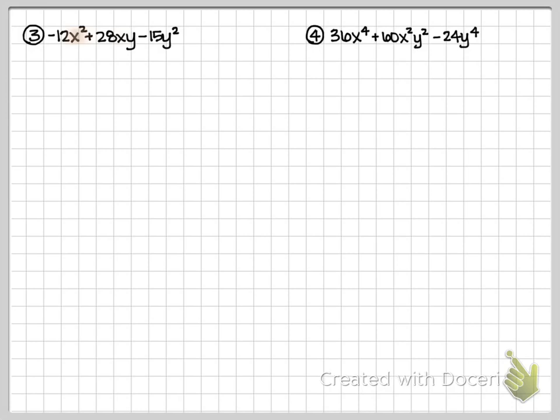Then my next term went down to an x, and then my last term went down to no x at all. So my x's are descending. While this is happening, chances are your y's are going to be ascending. So no y to begin with, then a single y, and then a y squared. It's kind of like this balancing act that happens with the different variables.